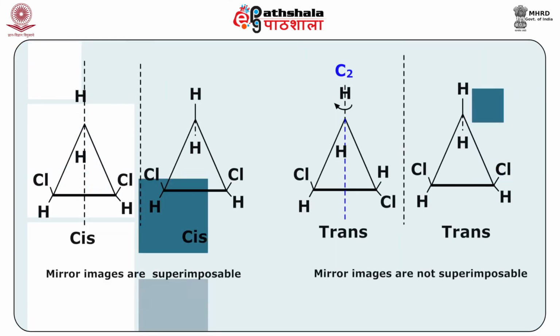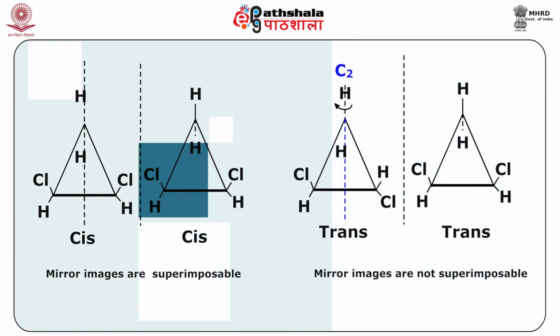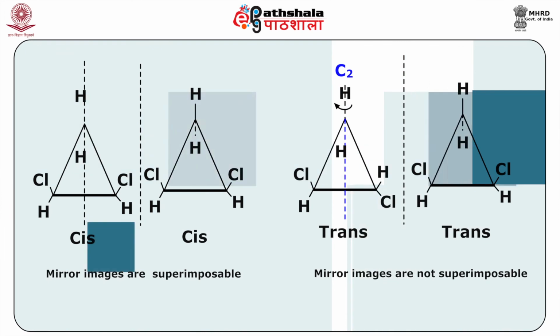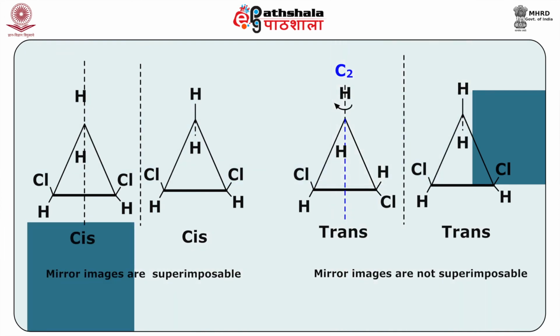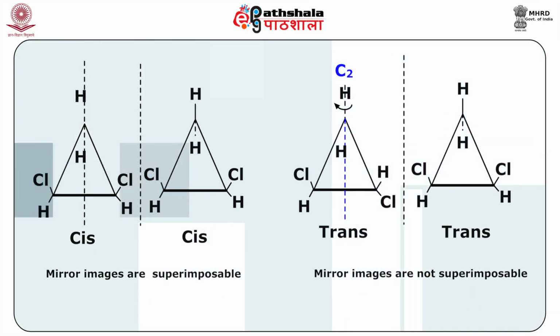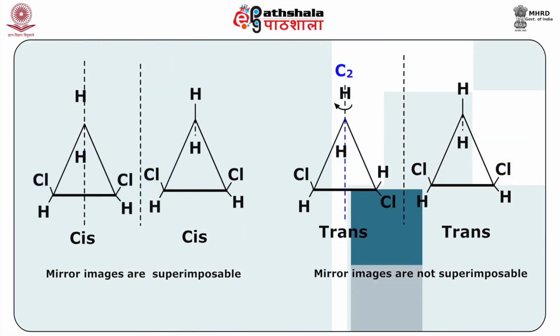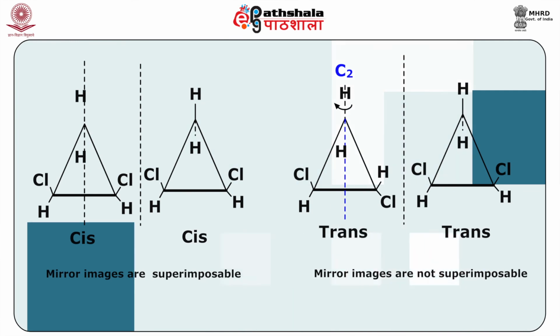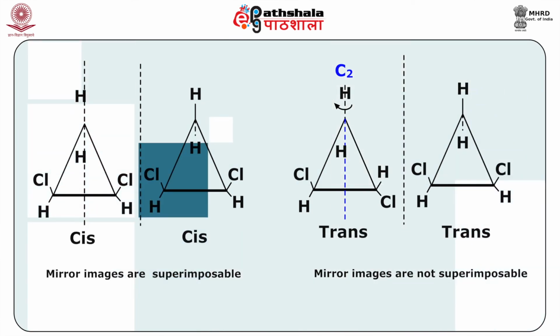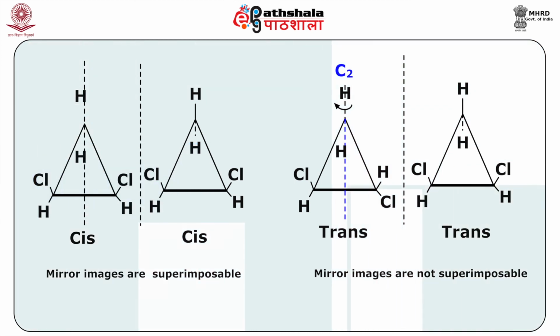Let us examine this definition, that dissymmetric molecules have optical activity. For this, let us take the example of cis and trans 1,2-dichlorocyclopropane as shown. The cis form has S1, sigma, so it cannot be optically active.